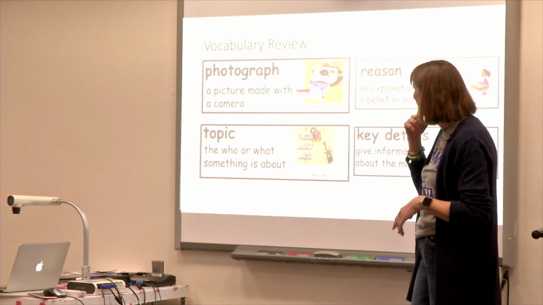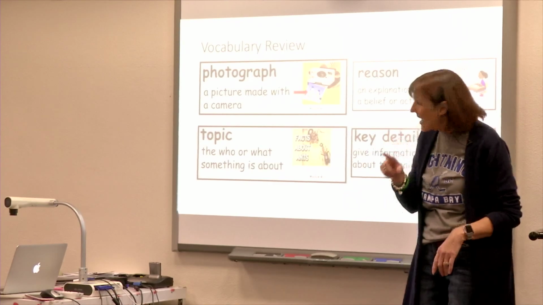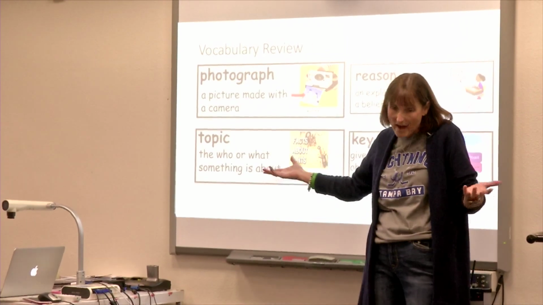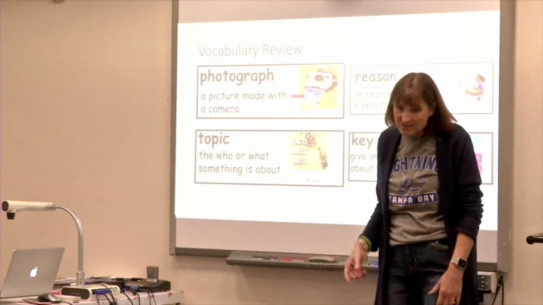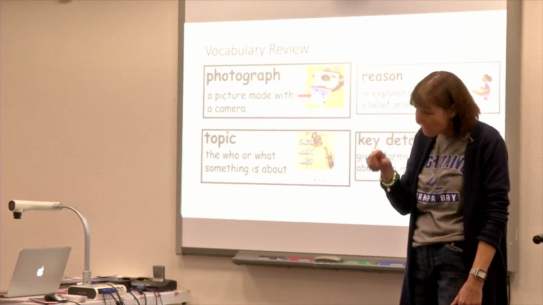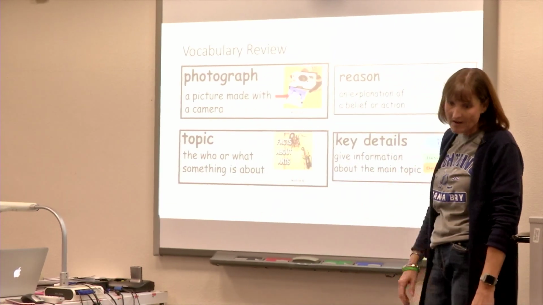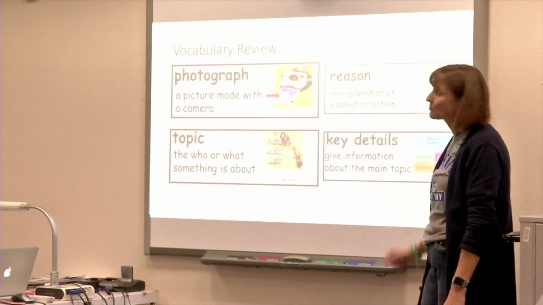Photograph. Perfect. We're also going to be talking about a topic. A topic is the who or what something is about. So there are going to be some topics that we're going to be talking about. Can you say topic with me? Topic. Nice.